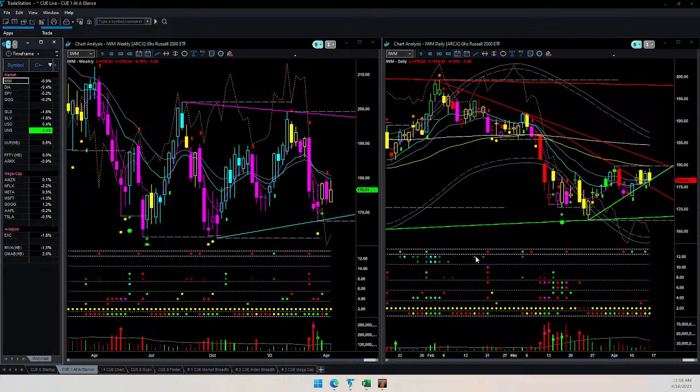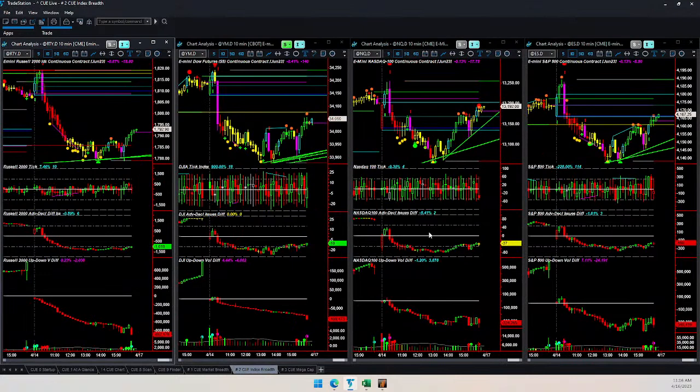If you watch the market on Friday, let's look at the Q Elite market breadth chart, real-time charts. This I always keep running on one of my monitors when I am trading. Here I can see the Russell 2000, Dow Jones Industrials, Nasdaq 100 and S&P 500 futures.